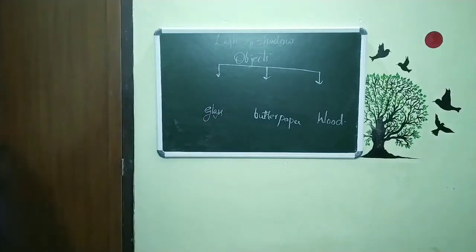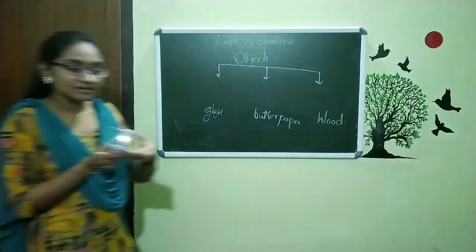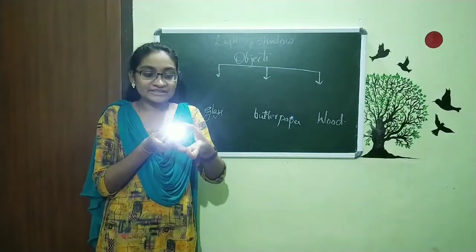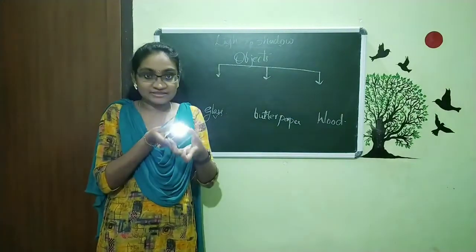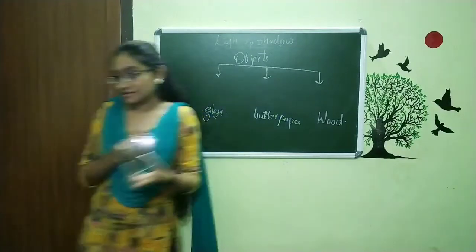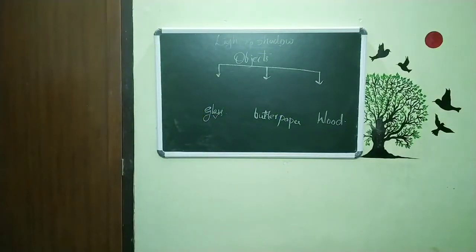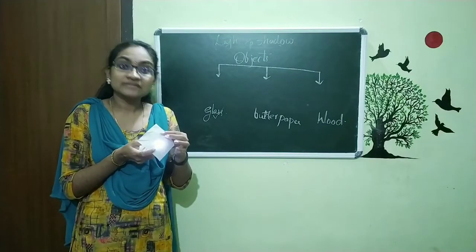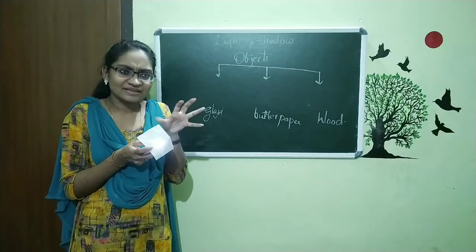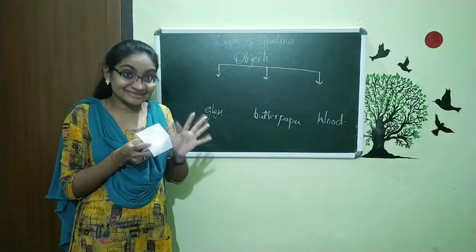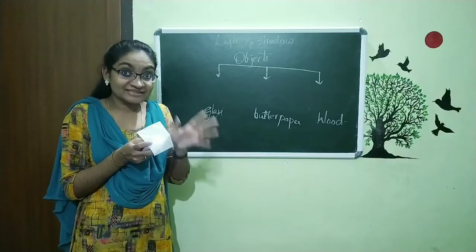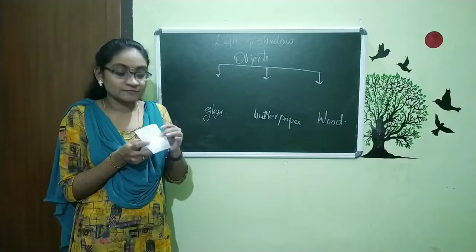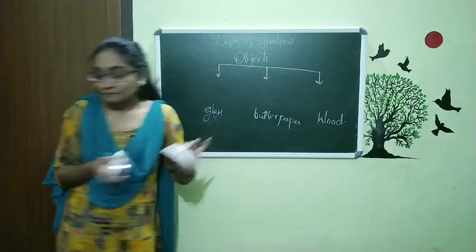That means when we are giving light through the glass, the light is very properly transmitting through the glass. It is very straight and no obstacles are there. But for the butter paper, the light is transmitting, but it has some obstacles. So little obstacles are there, but still light is partially transmitting through this butter paper.